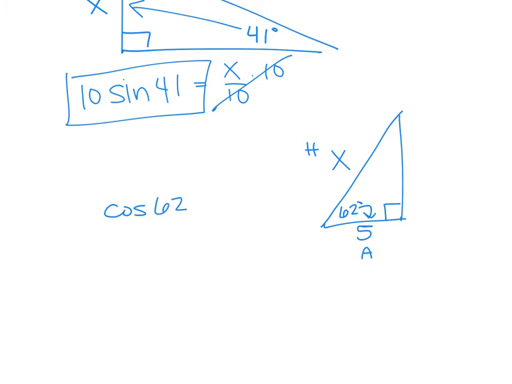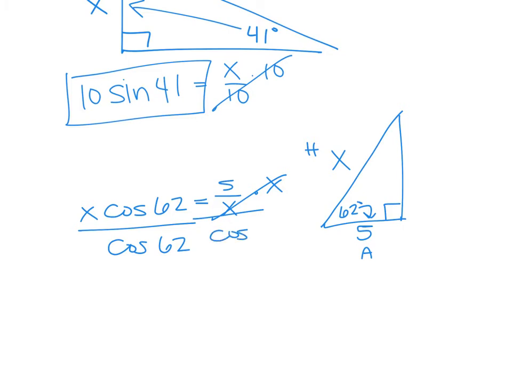So cosine 62 equals 5 over x. But now x is in the denominator. What do you do? You multiply by x on both sides. And then you divide by cosine 62 to get x by itself. So you're plugging in 5 divided by cosine 62, okay?